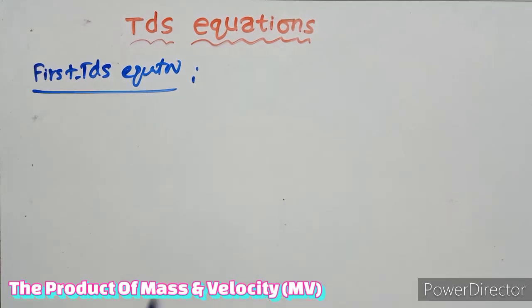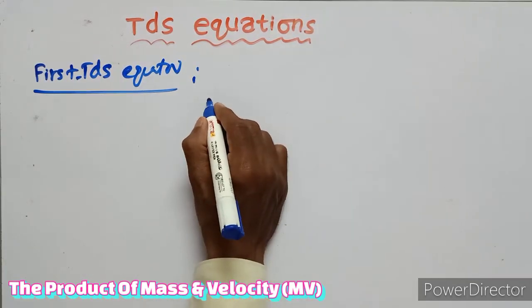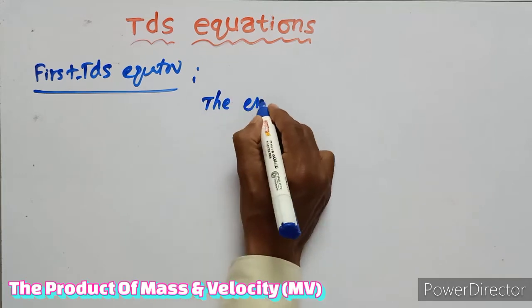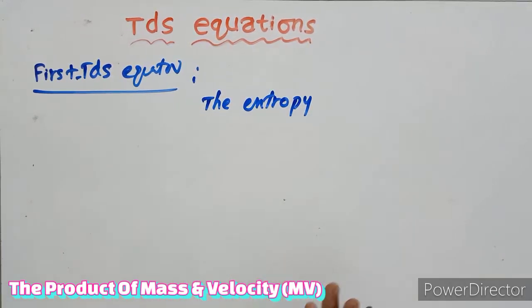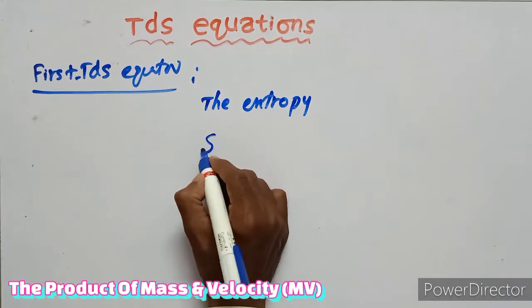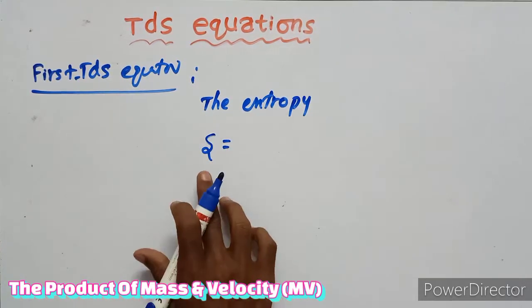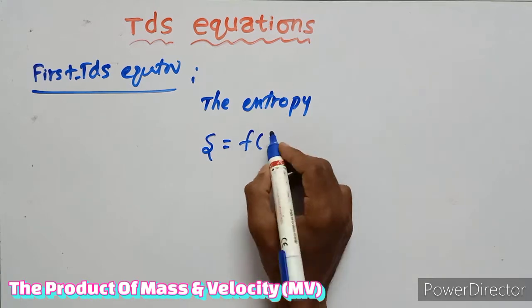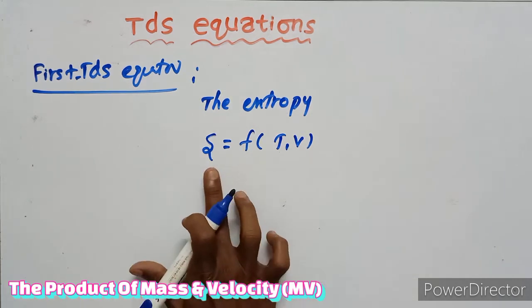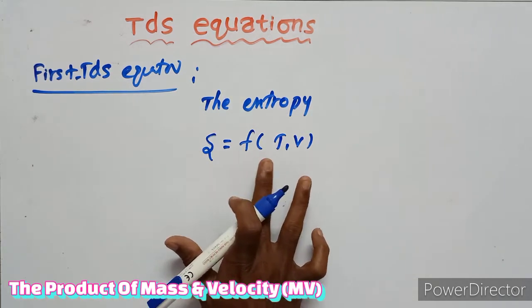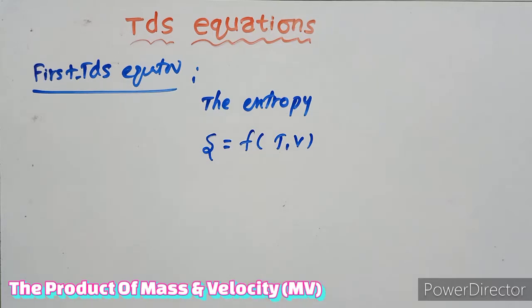So first of all, the entropy, denoted as S, is defined as a function of temperature and volume. In the first TDS equation, the entropy is defined as the function of temperature and volume.